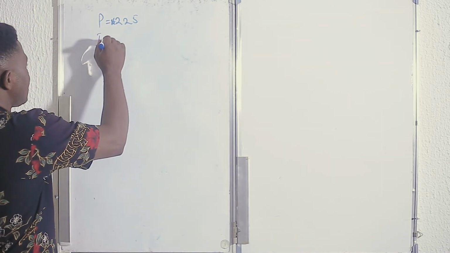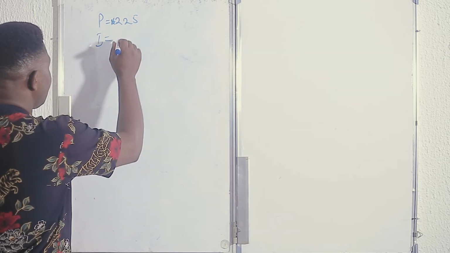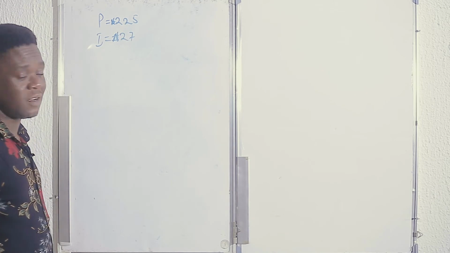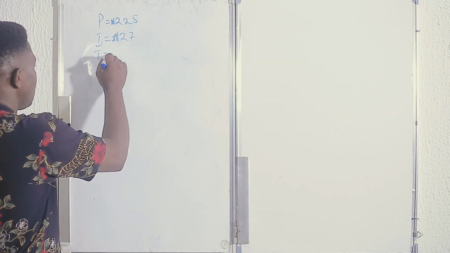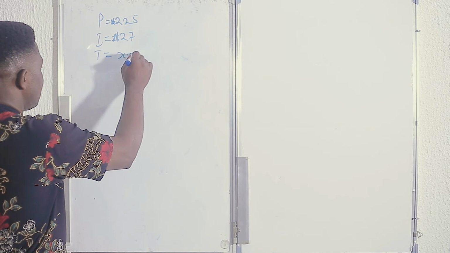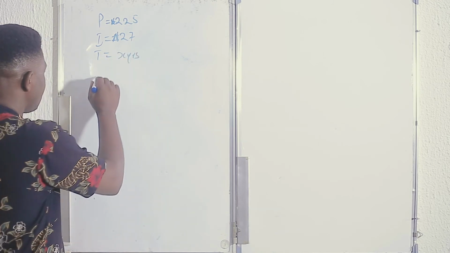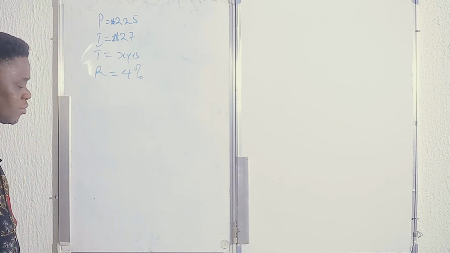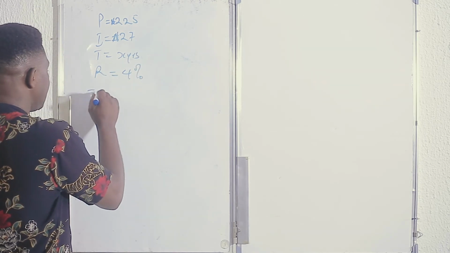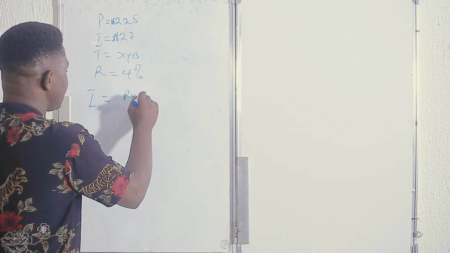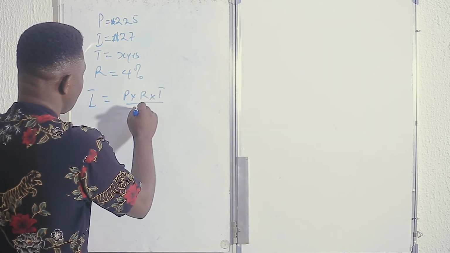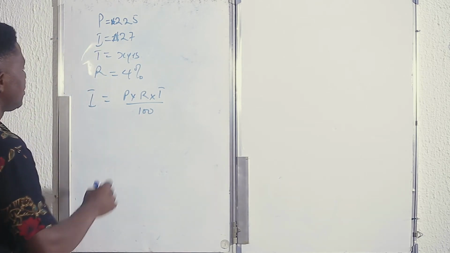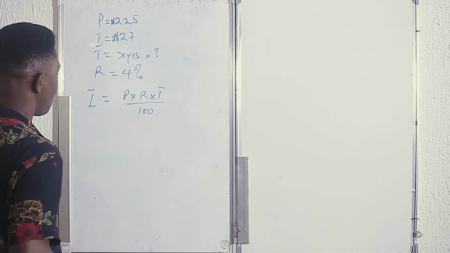The interest is 27 naira. The time, we don't know, X years. And the rate is 4%. We know that interest is equal to principal times rate times time all over 100. We are asked to find time.